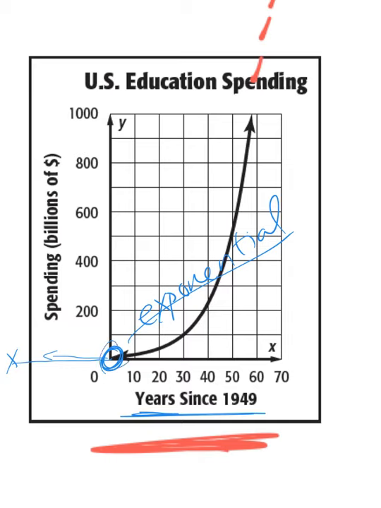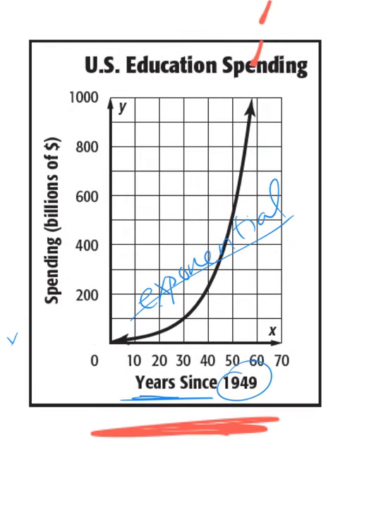So you don't really have an x-intercept, but you do have a y-intercept. In 1949, where does it look like it crossed the y-axis? Like how much do you think things cost in 1949? I would go with a small number.